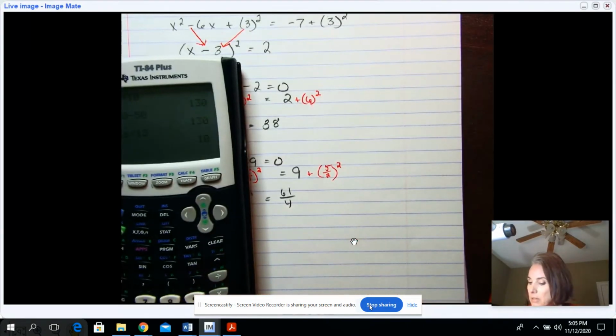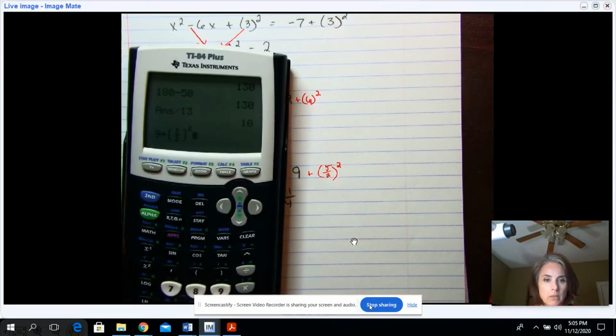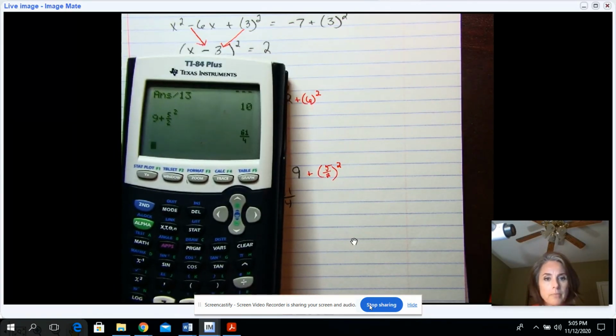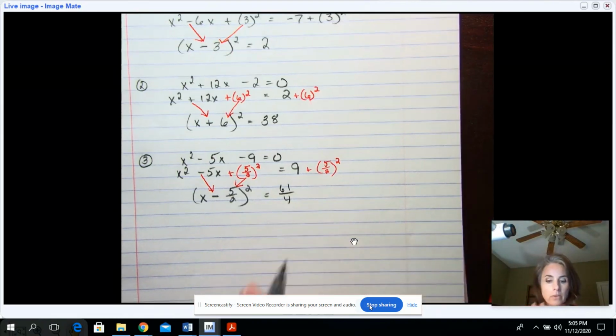And I'll show you. 9 plus 5 halves, quantity squared, 61 over 4. So you can just put it in your calculator. And there you go. You're done.